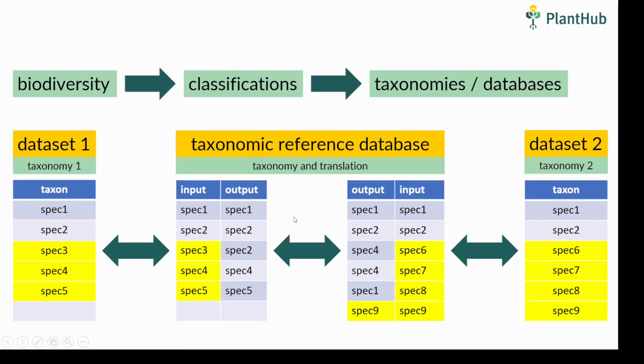And now when we relate these two data sets, we can actually sort out which names belong to which actual species. And so we can then combine our data in a meaningful way. So that's the idea behind the taxonomic reference databases, that we de-synonymize the different names.